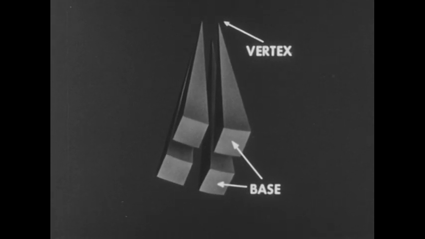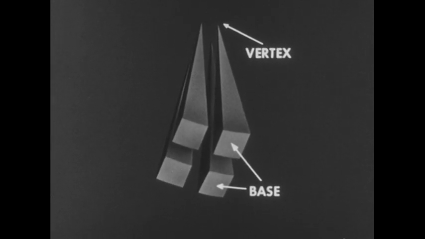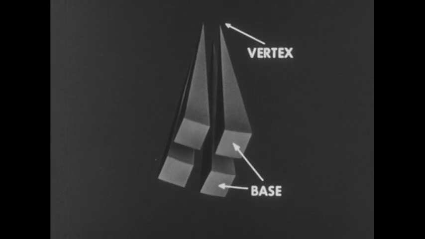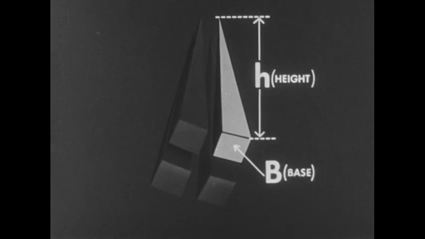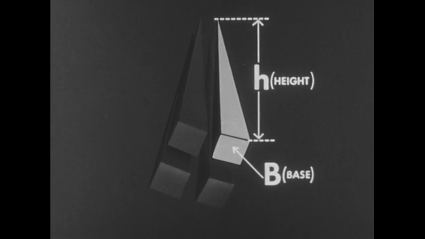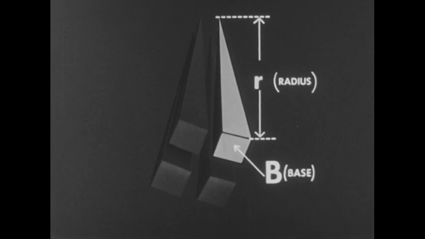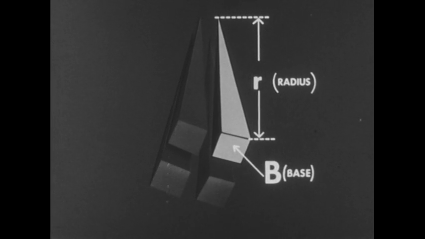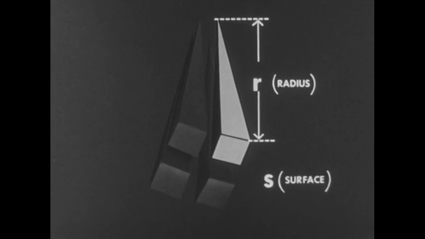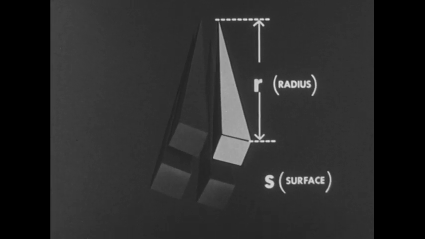Even though part of a curved surface, the small base areas in each of these pyramids may be thought of as polygons or squares. In this case, the height of each pyramid, or h, is the radius of the sphere, or r. The base of each pyramid, designated here as b, is actually a part of the surface of our sphere, or s.